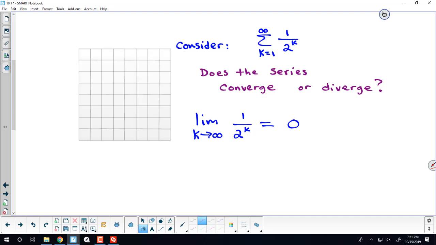All this tells me is that the tail, the far end of that, the terms at the end, the quote-unquote end, approach 0.